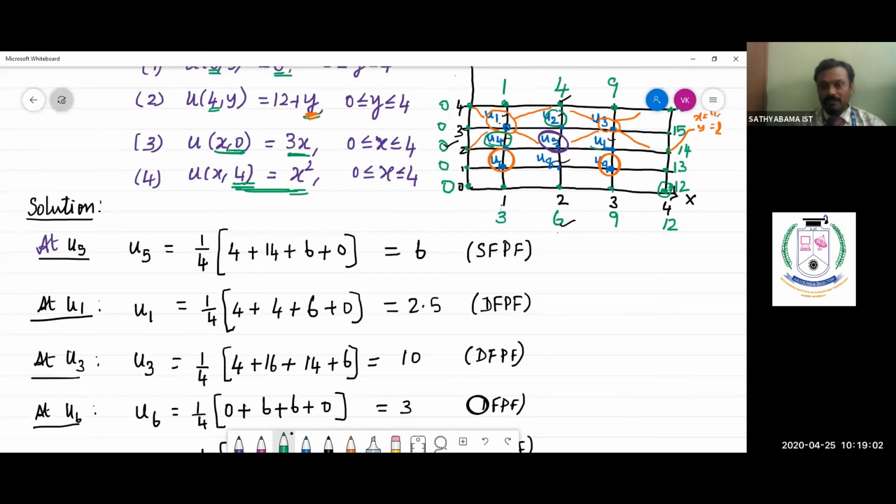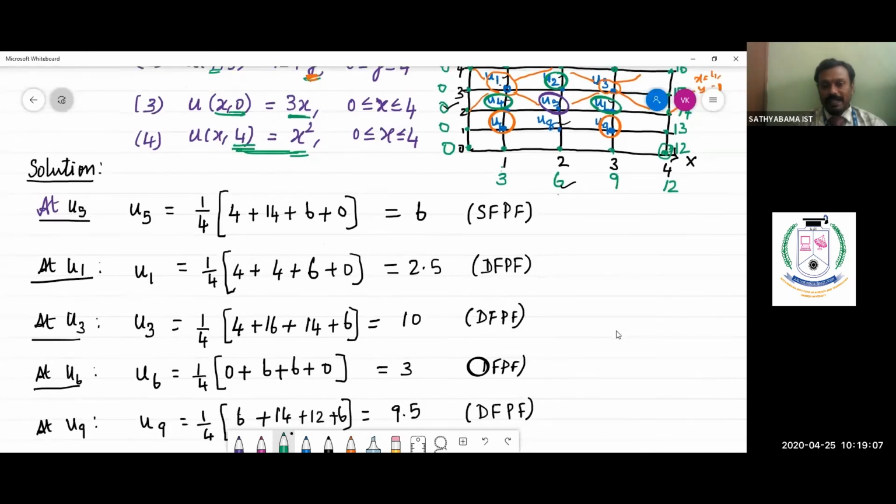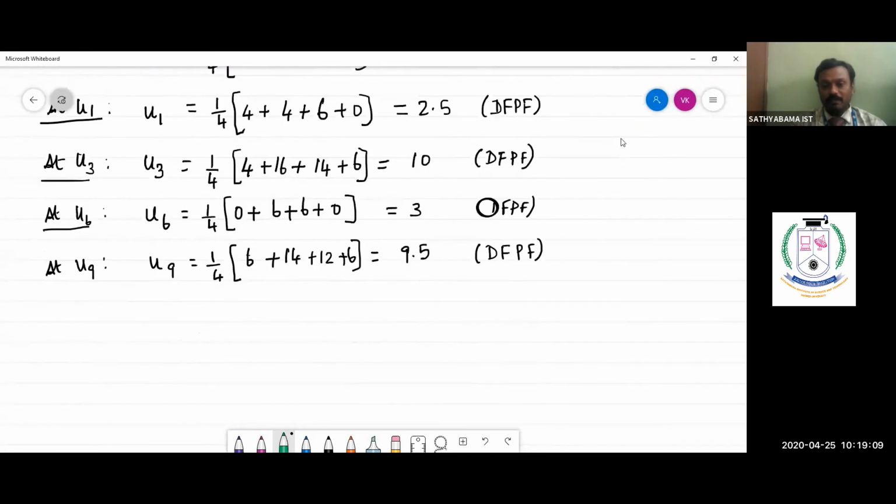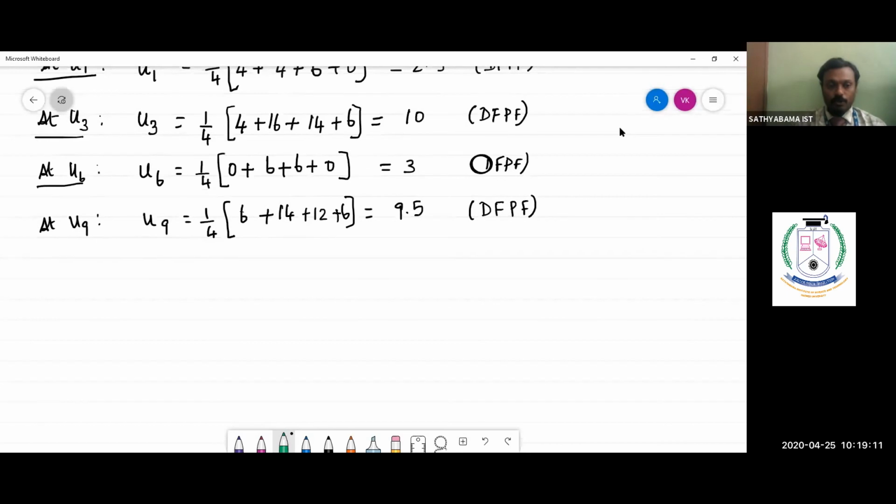And U6, for which all the neighboring values are known. So we can apply the standard 5-point formula to find U2, U4, U6 and U9. So for the remaining cases, we apply the standard 5-point formula. Whenever we have the convenience of applying the standard 5-point formula, we apply it. Only if it is not possible, we go for the diagonal 5-point formula.